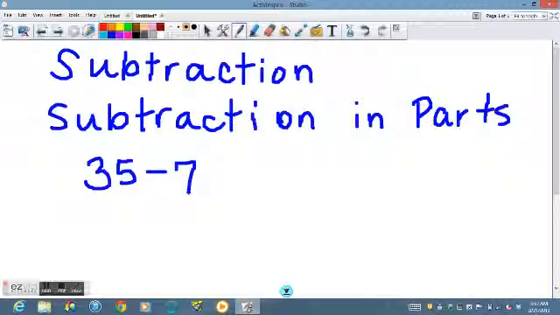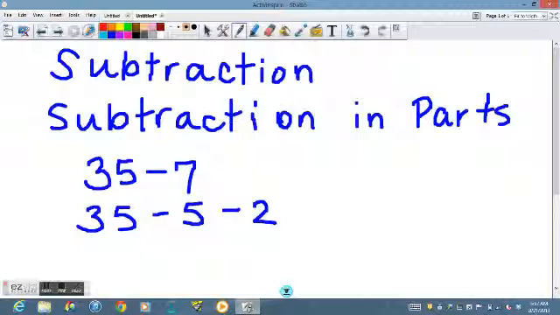So one way to make this a little bit easier if you're trying to do this in your mind is to start with 35 and let's take away 5 because that's easy to do in our heads, and then take away 2. So if you take away 5 and then take away 2, that's the same as taking away 7, isn't it?